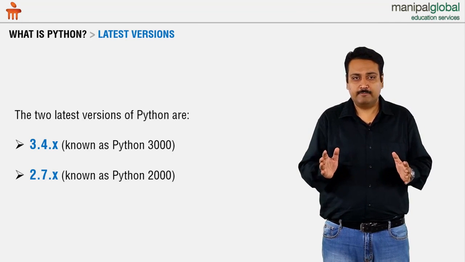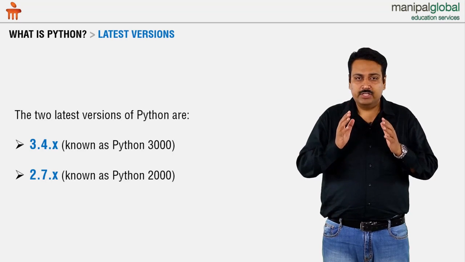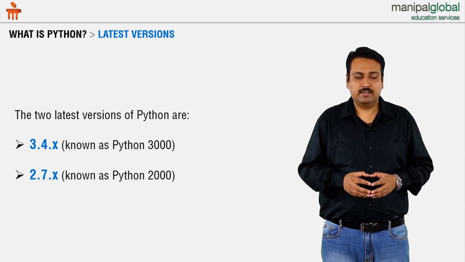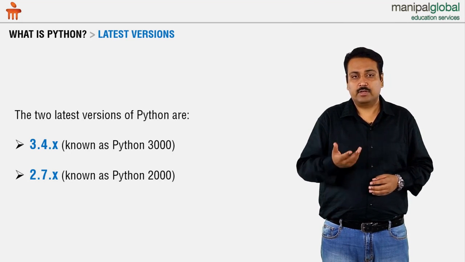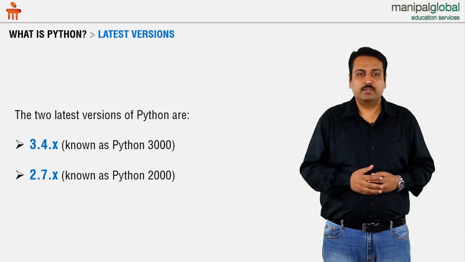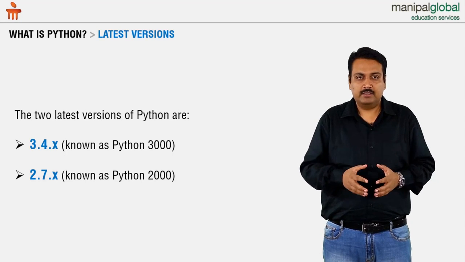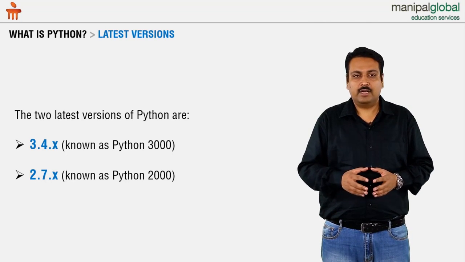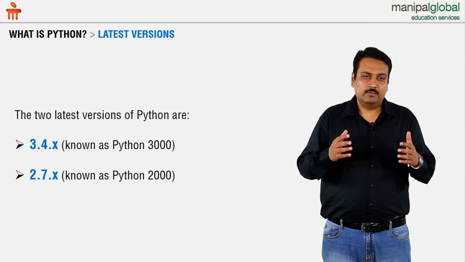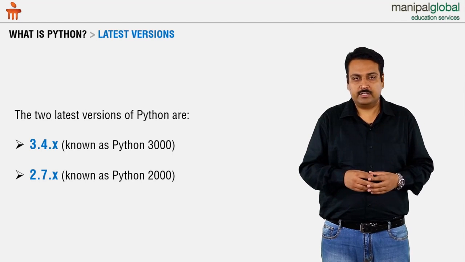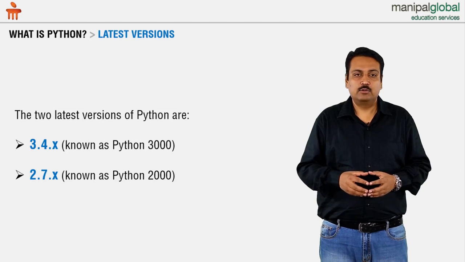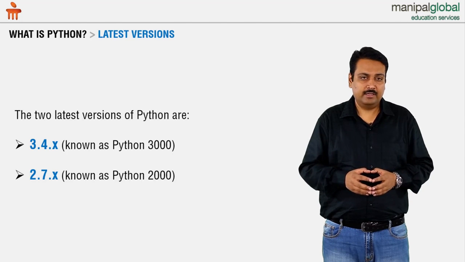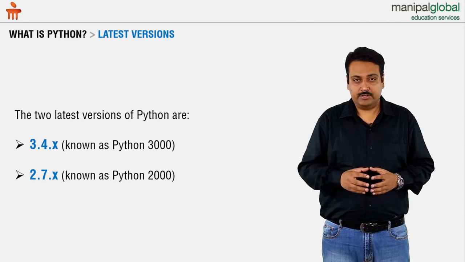But at some stage, we will see that version 3.4 is going to be the main version and 2.7 will be retired in a few years to come. But as of today, version 2.7 is more mainstream than 3.4. It was sometime in the year 2007 that version 3.0 was released, and simultaneously 2.4 was released as well. Thereafter, both of them have been developed and enhanced.